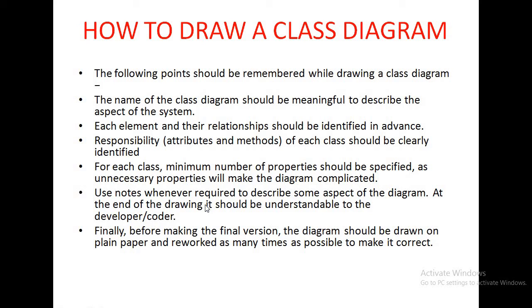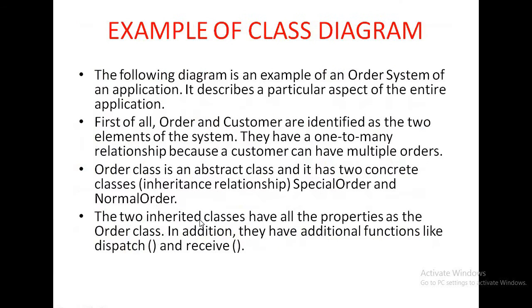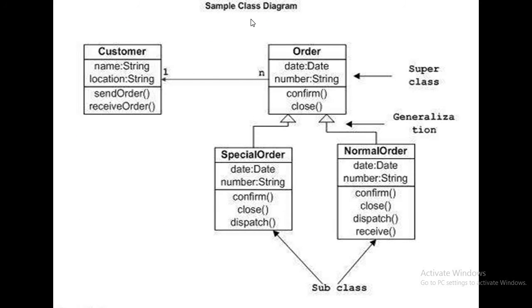Use notes whenever required to describe some aspect of the diagram. At the end of the drawing, it should be understandable to the developer and coder. By seeing this diagram, the coding team or the developer team must know the different classes present in the software, what their properties and functions are, and what the data types of the properties are. That must be clearly identified in the class diagram.